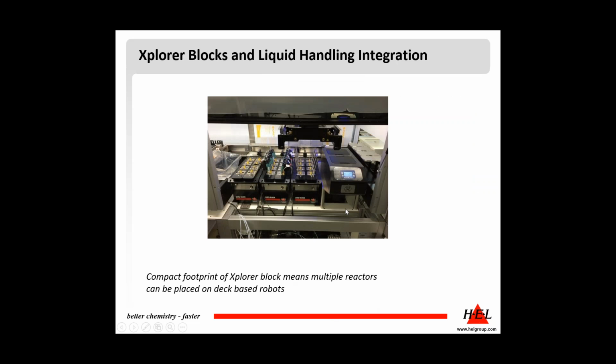Now the other advantage of the blocks being separate from the bioframe is that they can be placed onto any liquid handling robot. So liquid handling robots from Hamilton, Tecan, Beckman and many others can accommodate these blocks as part of an integrated system, and this really gives significant advantages for being able to do upstream and downstream processing, sampling and inoculation functions.